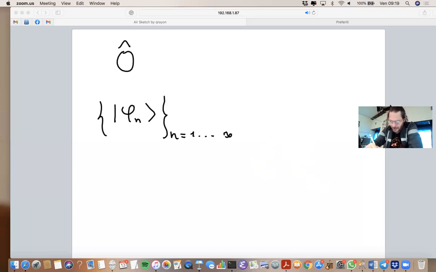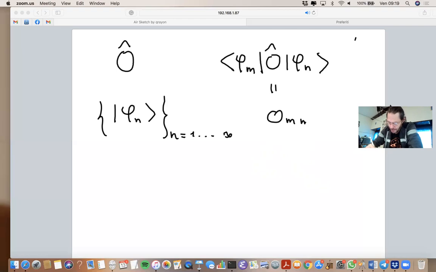But once I've done that, all I do is I take O, I let it act on some state M, and then I take the inner product with some different state N, and I call this O_NM, and this is called a matrix element.